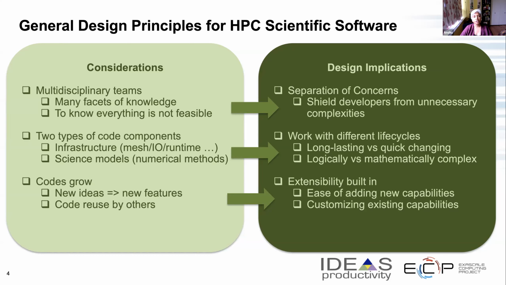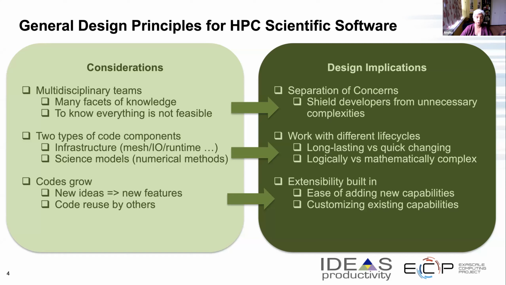The other consideration that goes into designing HPC scientific software is that codes grow. That is, every time a code is exploited in a scientific campaign, there are always new ideas, and therefore always new features are added, and codes tend to be reused by others.